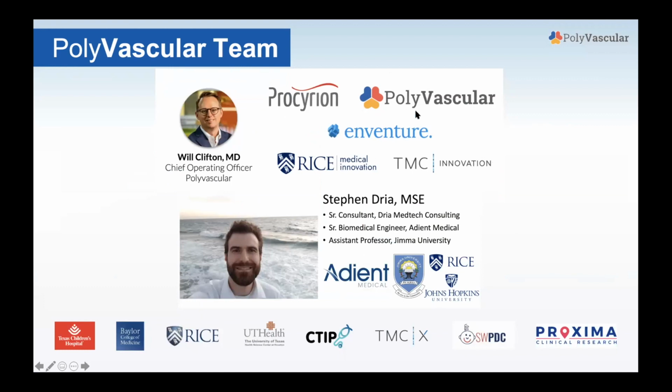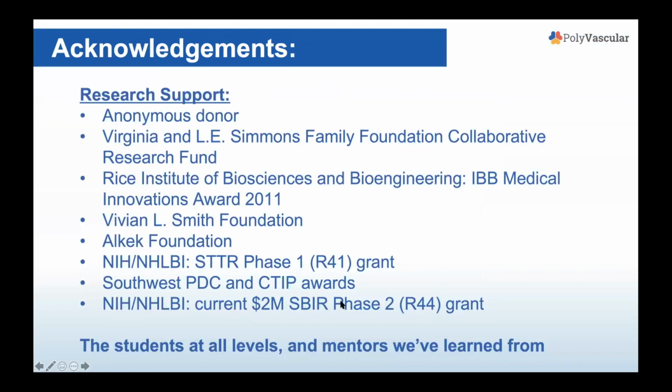Many of you may know him through his connection from having been at Procerion and a co-founder of Inventure. And Steve Andrea joined us as well from Adient Medical before that. And this SBIR grant is currently a $2 million phase 2 SBIR grant that will allow us to continue this development and then translate that into the first in human early feasibility study.